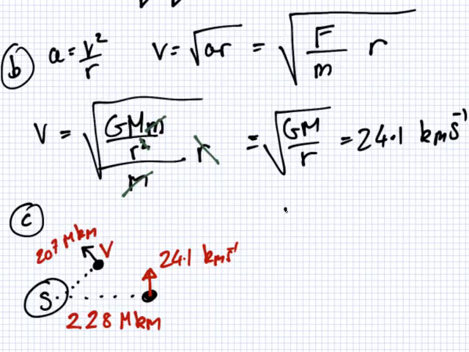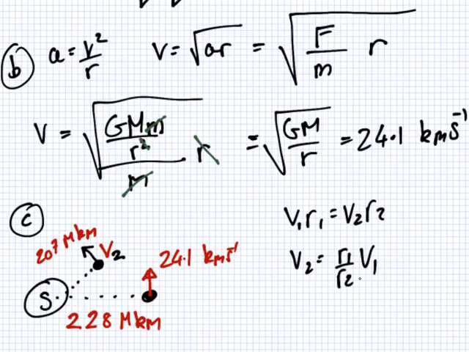So we have the formula v1 r1 equals v2 r2. So I'll call this v2. So I get v2 equals r1 over r2 times v1. Now I don't have to worry about the units because they cancel. So it's 228 over 207, and the v1 is 24.1 kilometers per second.